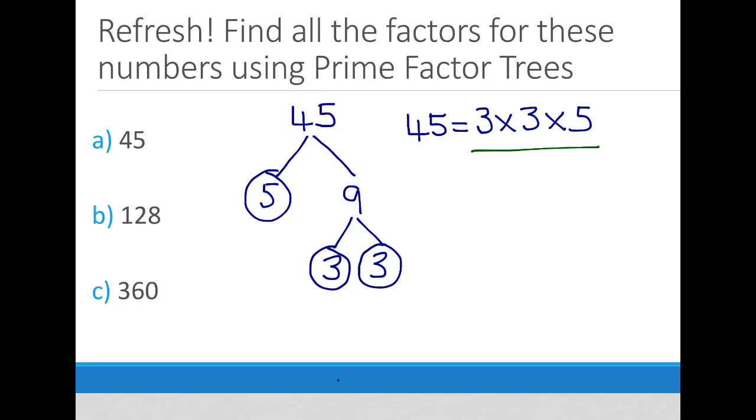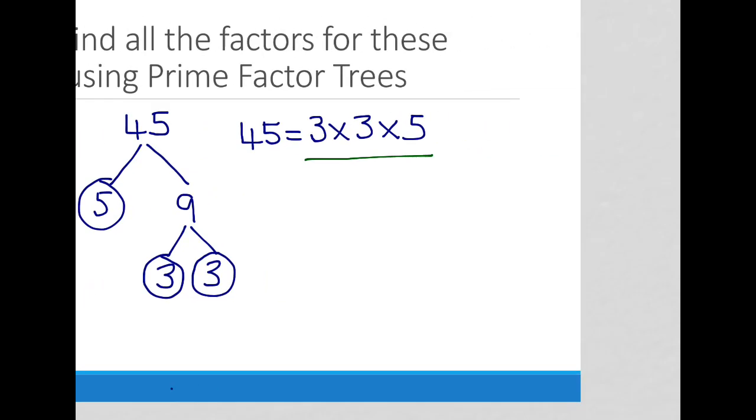So now, just coming up with the answers for 128 and 360. For 128, I can look for any number that would go into there, and I'm going to choose 4. You could have chosen many different numbers. So that would be 32.